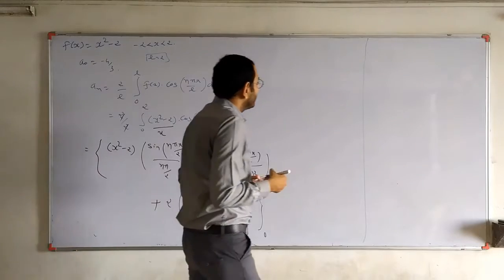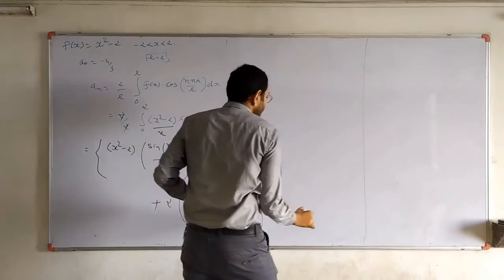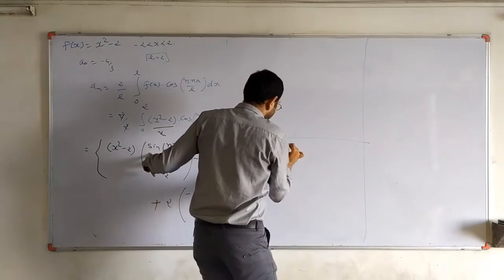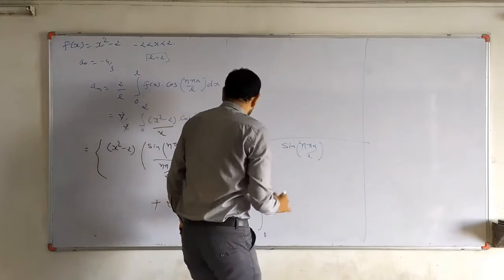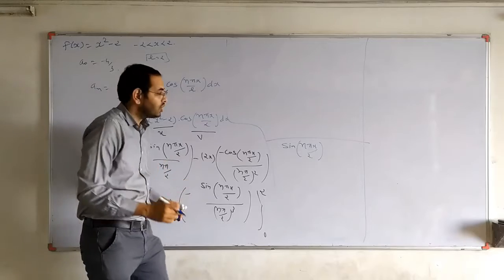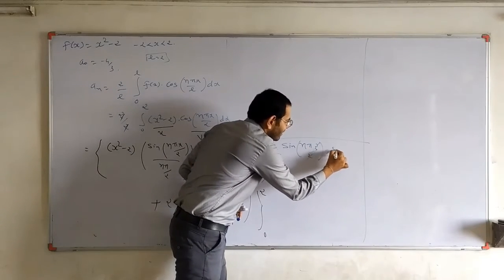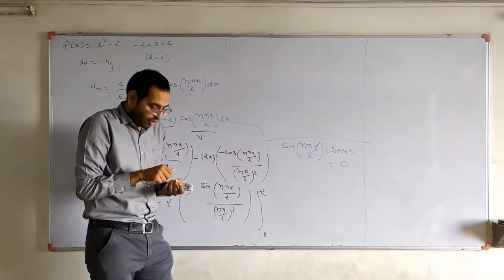Before that, let us understand this. Here we have sin(nπx/2); we replace x with 2, the 2s cancel out, and we get sin(nπ), and the value of sin(nπ) is 0.